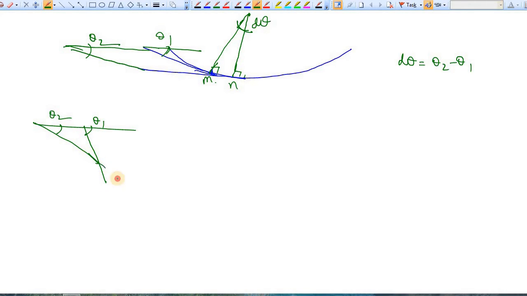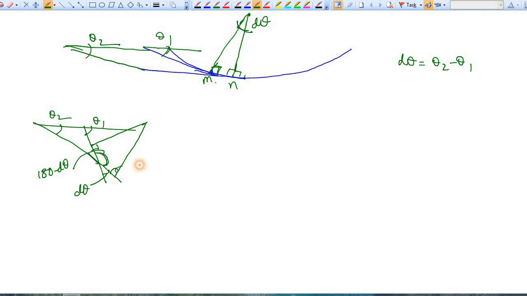Okay, so what is this difference? This difference is your d theta. Simply this is d theta, and this angle becomes 180 minus d theta. This is 90 degree as it is perpendicular, this is also 90 degree, this is also perpendicular.